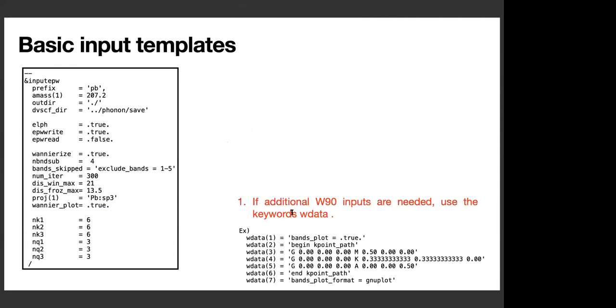And also, if additional Wannier90 inputs are needed, you can include them by using this keyword wdata, and this is one example of the use of the wdata input keyword.